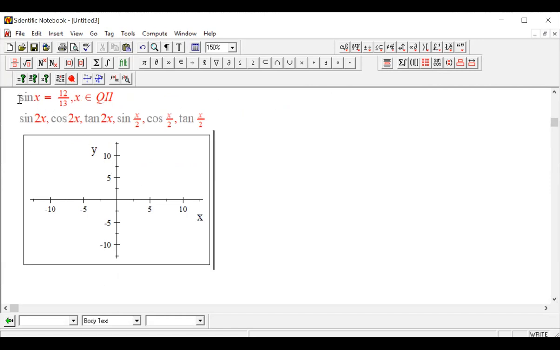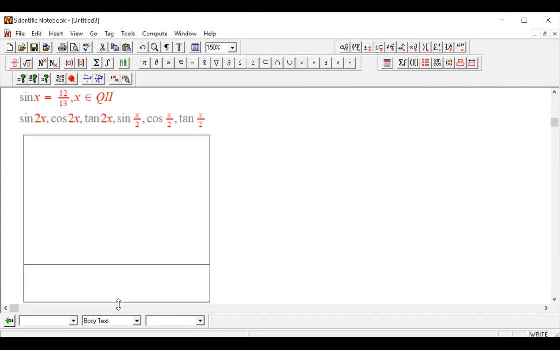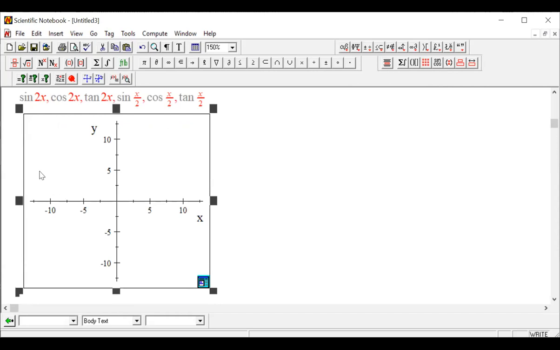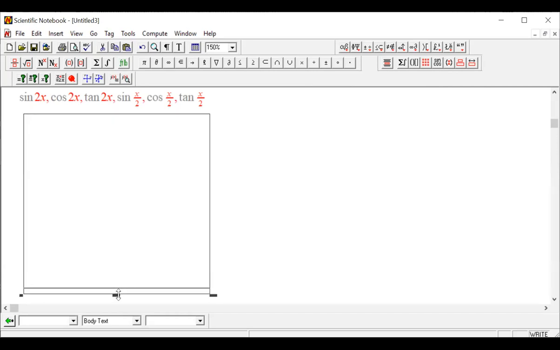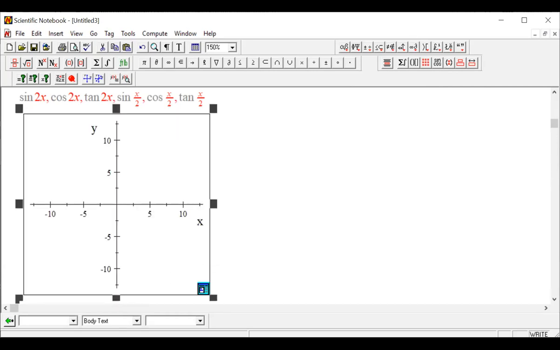From the information given, we know the terminal terminates in the second quadrant. So suppose we draw the angle from the standard position, terminating in the second quadrant.